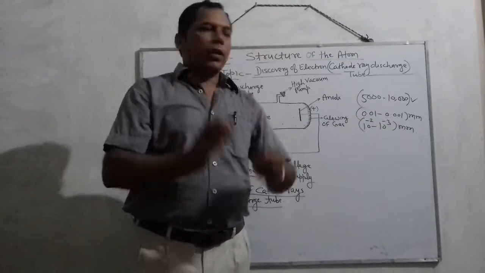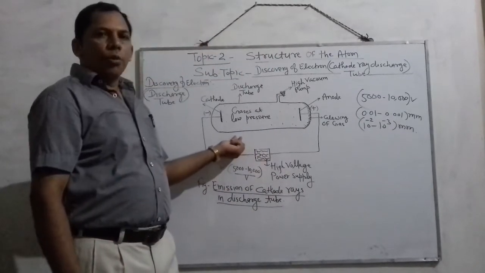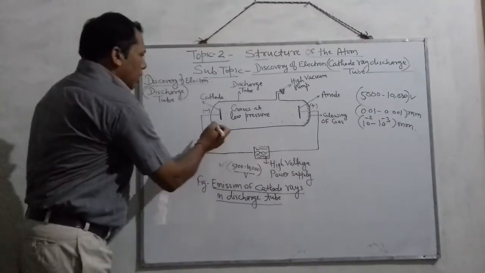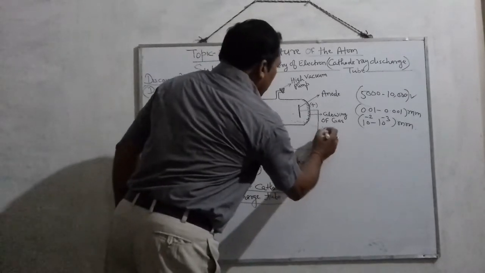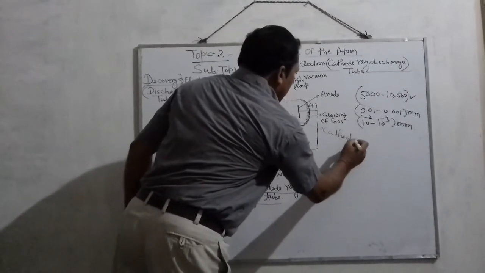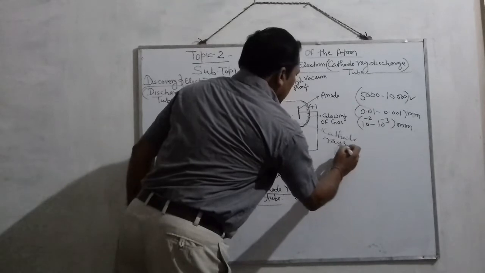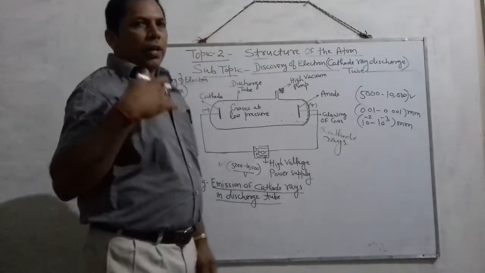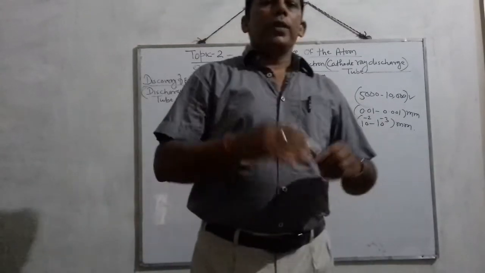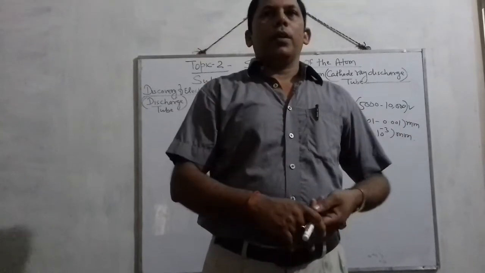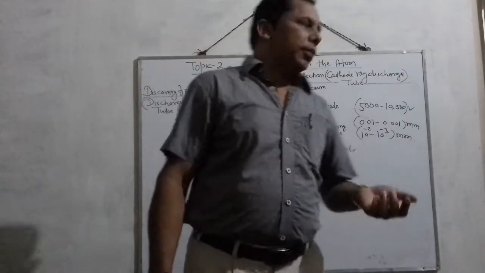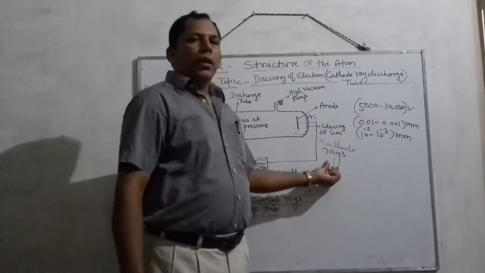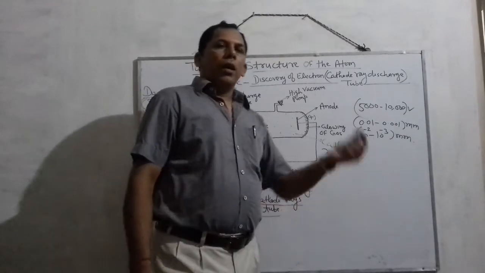These rays are called cathode rays. Cathode rays are associated with negatively charged particles, and those particles are called electrons.